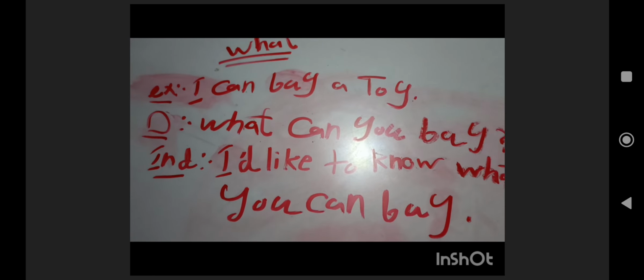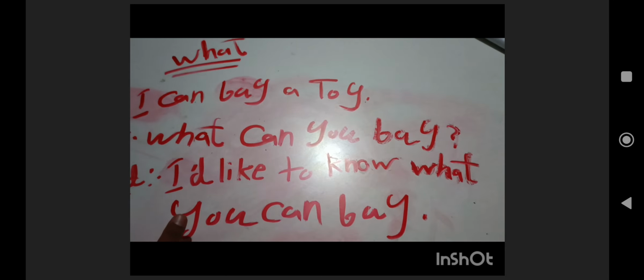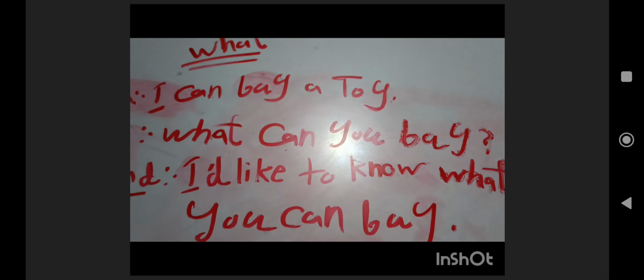When you want to change direct speech to indirect speech, use some expressions like here: I'd like to know. I'd like to know what you can buy. You replace you and can.